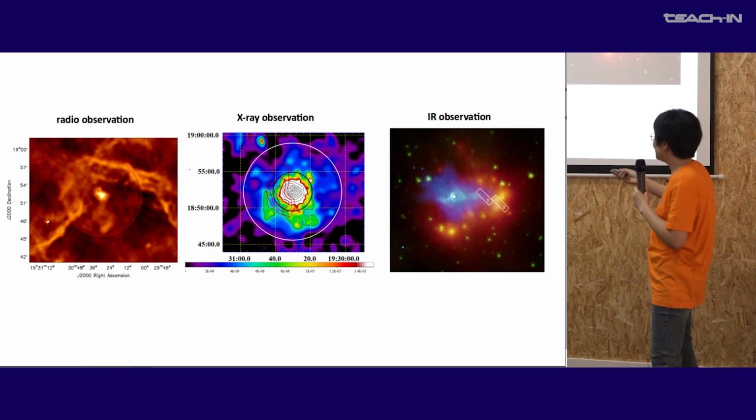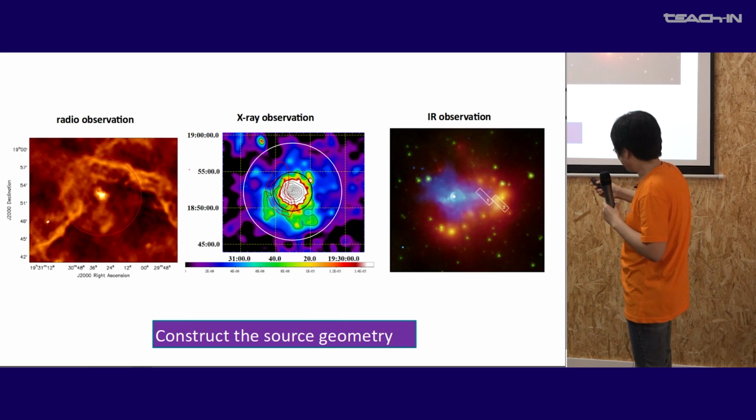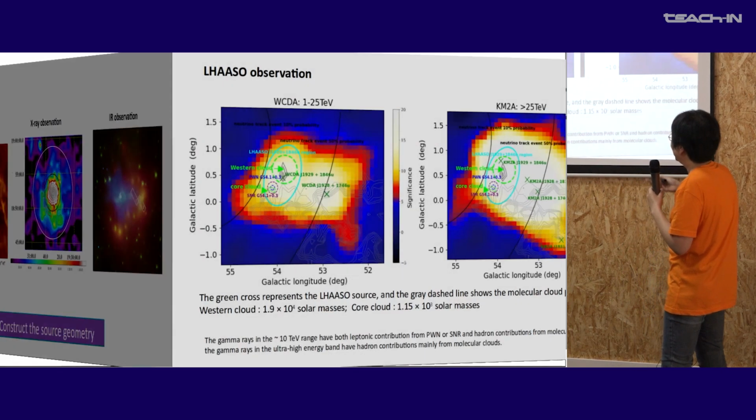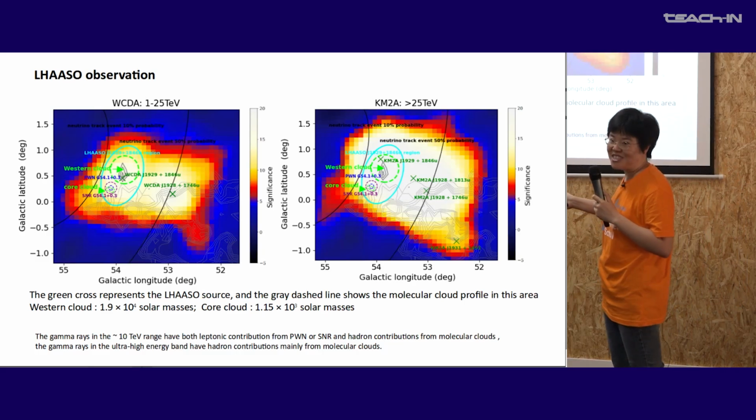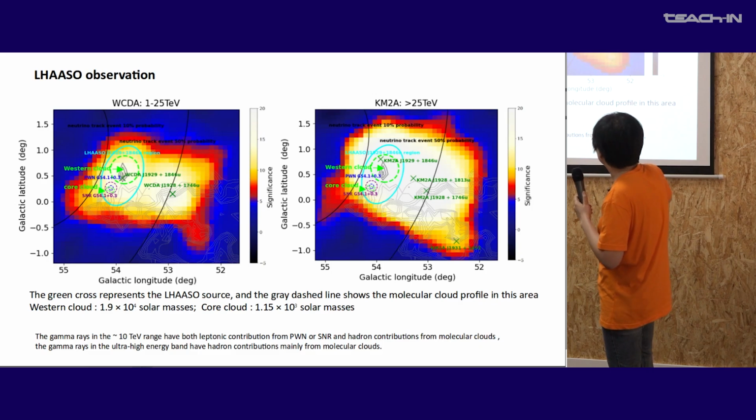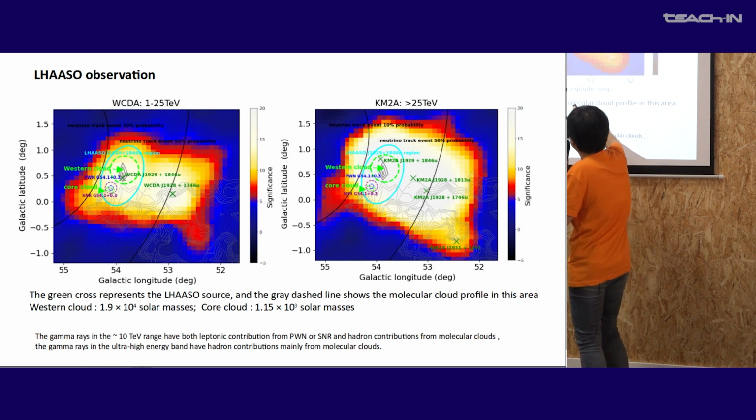Then let's do the work and construct the source geometry. Here we combine it with the LHAASO observation. Here is the molecular cloud, here is the source region for LHAASO, and here is the pulsar. Sorry, the figure is too small.